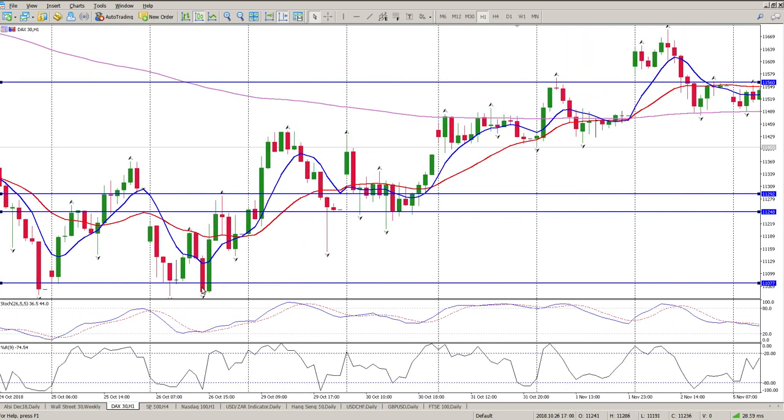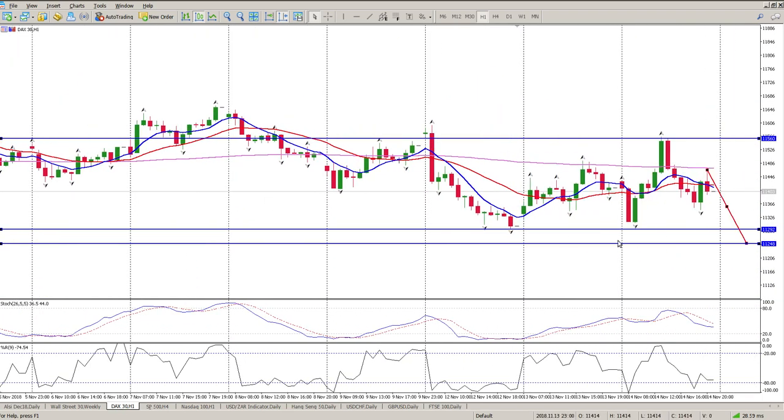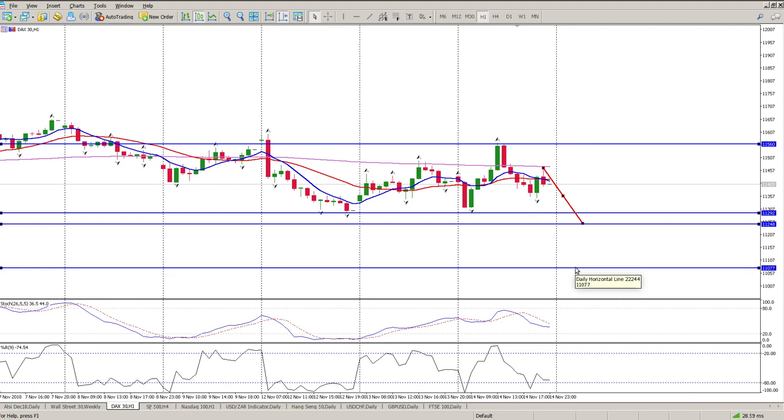And then this bottom level is the next target. So if this measured move 11,248 breaks, then you're looking for this move to the downside here, and that is 11,080.